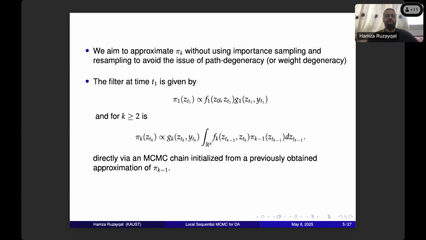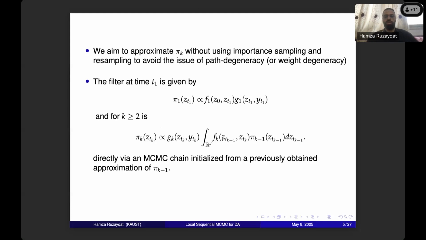The filter distribution at time one, where I got rid of the dependence on y to make the notation short, is just the transition density going from Z_0 to Z_1 times the likelihood density of Z_1 and Y_1. But when k is greater than or equal to 2, it's given by this recursive formula.